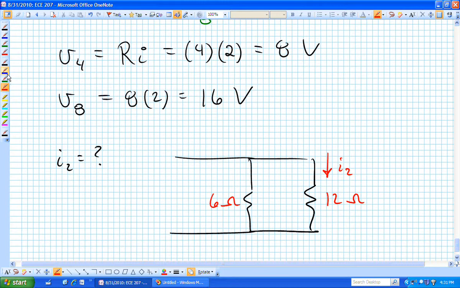We just found this voltage drop, V sub 4, and that was 8 volts, wasn't it? That voltage drop was across those two resistors. And now we're separating them out to identify the individual currents, and in particular the one current that was asked for, and that was I sub 2.